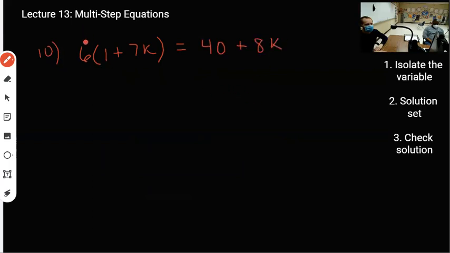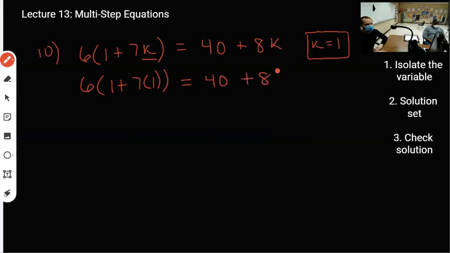What I can do with the 6 is leave it the way it is, because all I'm doing for the checking is changing the k into some number. And in this case, we're testing a 1. So we're letting k be 1 in this scenario. So I replace the k with a 1. On the other side, I have 40 plus 8 times 1. So I replaced every single variable with a 1.